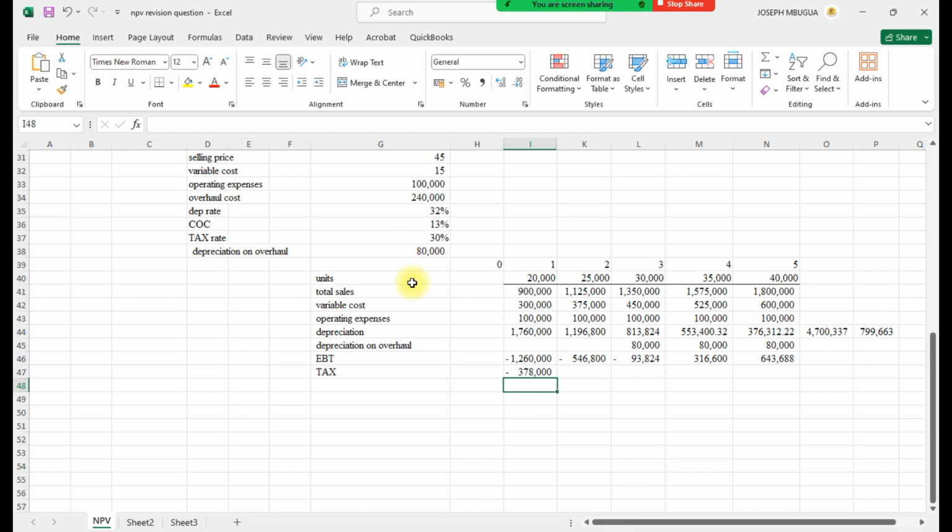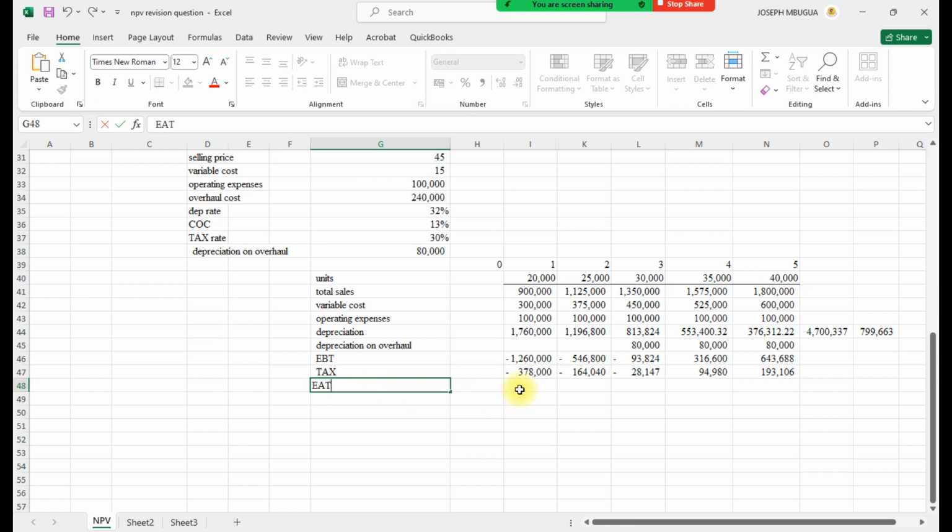We need to lock the tax so that we drag across. So we lock the tax and drag so that we get our tax, and we shall get our earnings after tax.